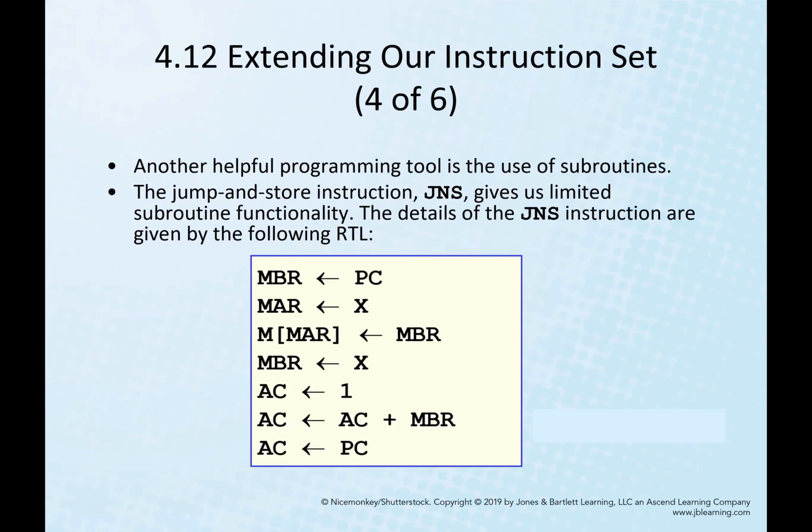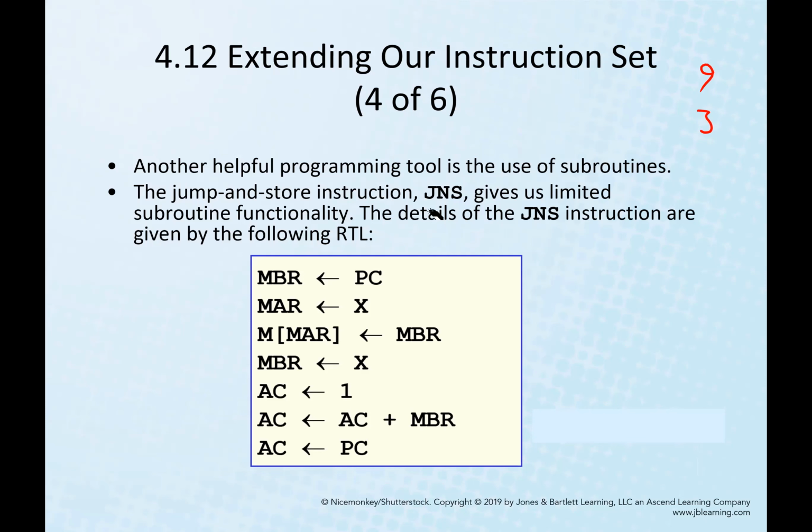The next instruction that we want to discuss. So far we had 9. We learned 3 more, and now we want to learn the next one, which is JNS. JNS is very important for routines and calls. You know what a call is, how we can call a subroutine or procedure in programming.